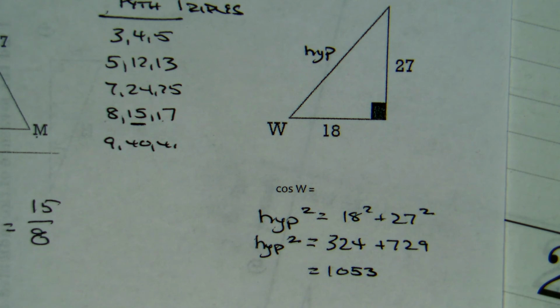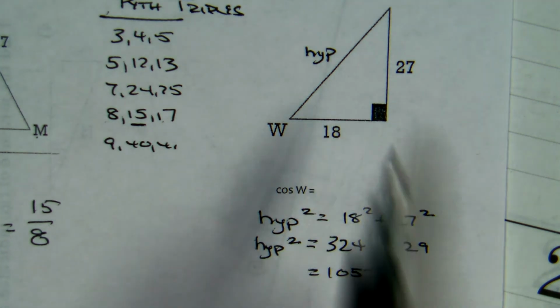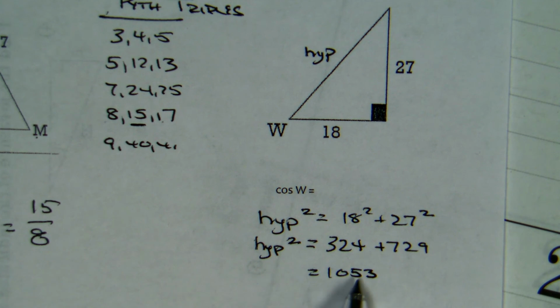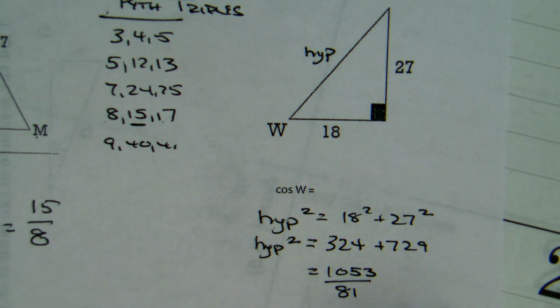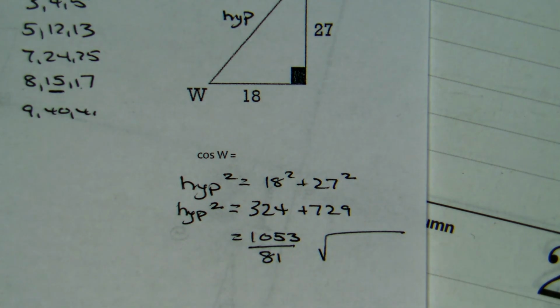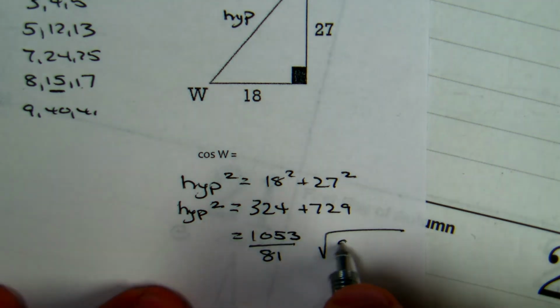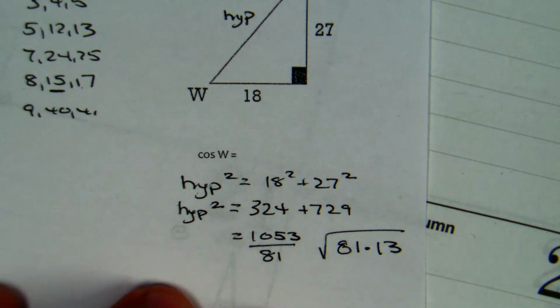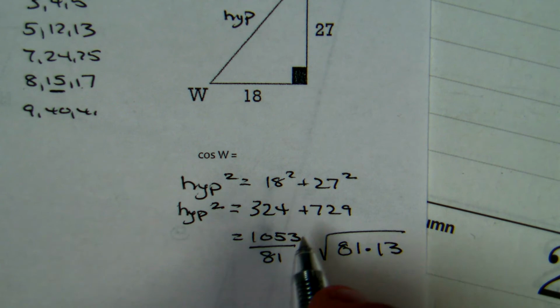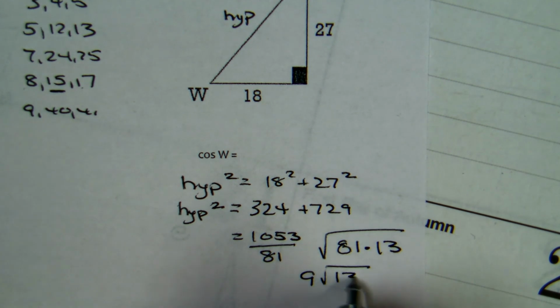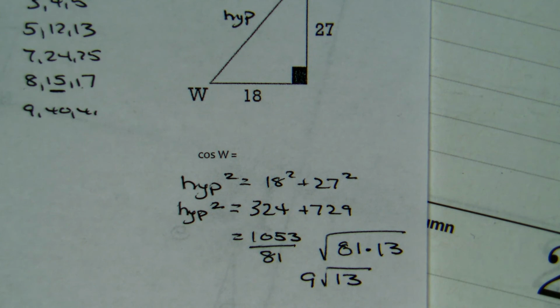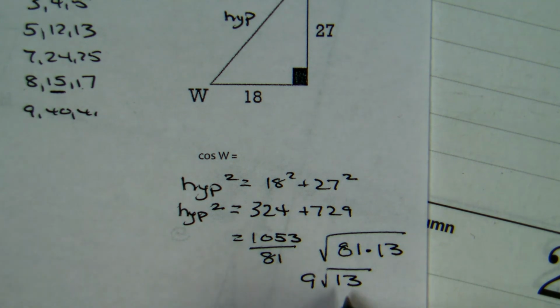But here's the thing for those of you that have never been instructed on this. 9 goes into both 18 and 27, so that means 9 would have to go into my answer. If I square that, 9 squared is 81. So if I write it out the way you're traditionally seeing it, 1053 divided by 81 is 13. So that becomes the square root of 81 times 13. We know the square root of 81 is 9. So my final answer would be 9 root 13.